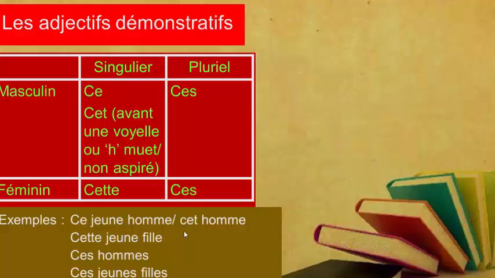The word homme is a masculine noun that starts with H. That's why we couldn't use ce for it. Cet is a kind of article that we use with les singuliers qui commencent avec des voyelles ou H muet. Okay?